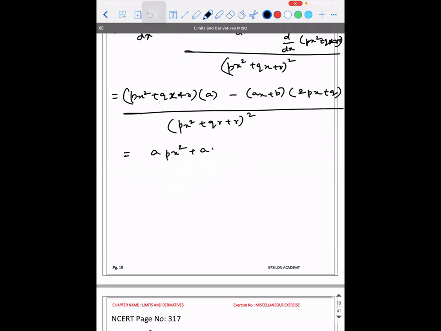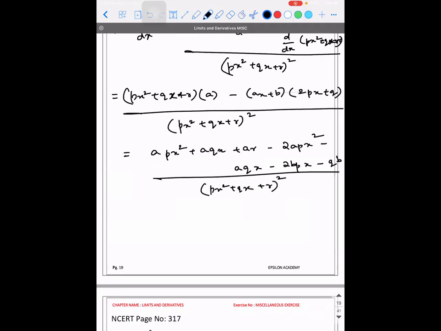apx square plus aqx plus ar minus 2apx square minus aqx minus 2bpx minus qb, the whole divided by px square plus qx plus r, the whole square.